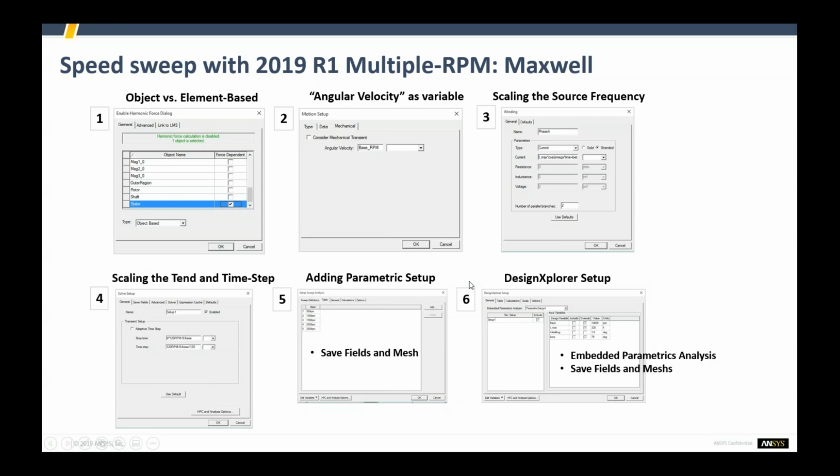Starting with version 2019 R1, we can do a speed sweep with multiple RPMs in Maxwell, based on the single RPM workflow, and that supports both object and element-based mapping.